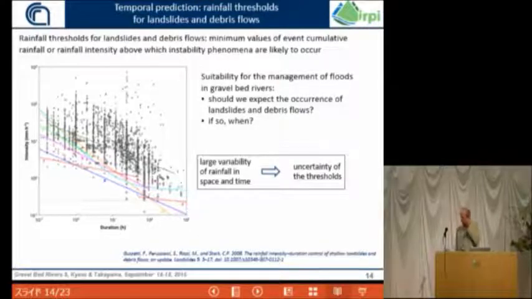I don't think it's important to develop more of these critical thresholds. One of the most important issues is increasing our capability of coping with their uncertainty, to provide reliable guidelines for determining how much we can trust these critical thresholds.